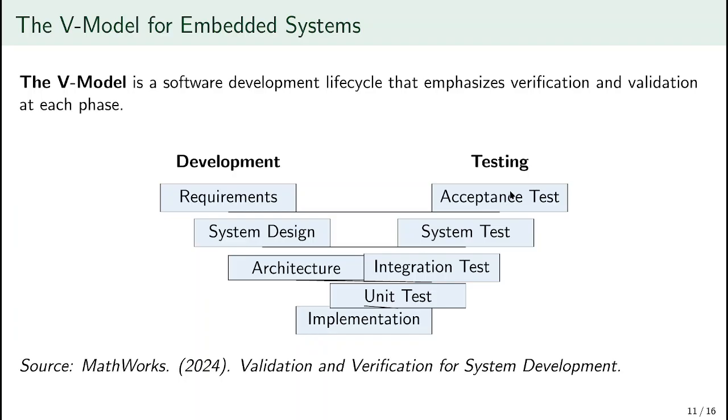So there are different types of testing done, like acceptance test, system test, integration test, and unit test. It goes from lower to upper. So after implementation, we should do unit test, then integration test, then system test, and finally acceptance test. Each development phase has a corresponding test. Requirements has acceptance test, system design has system test, architecture has integration test, and implementation has unit test.